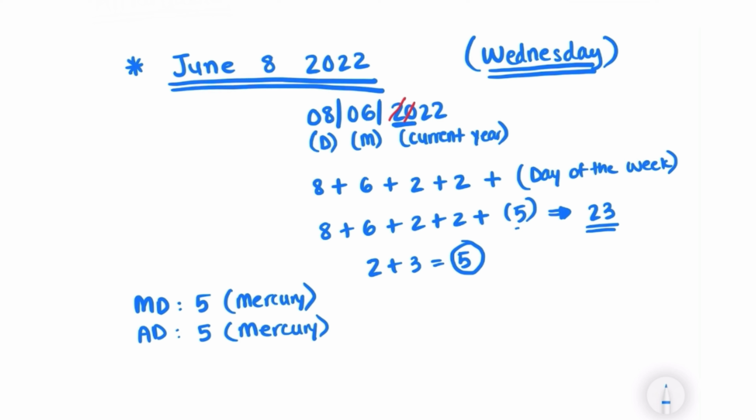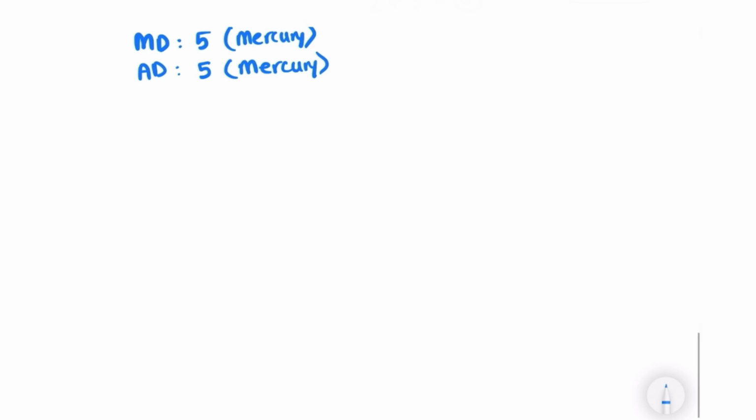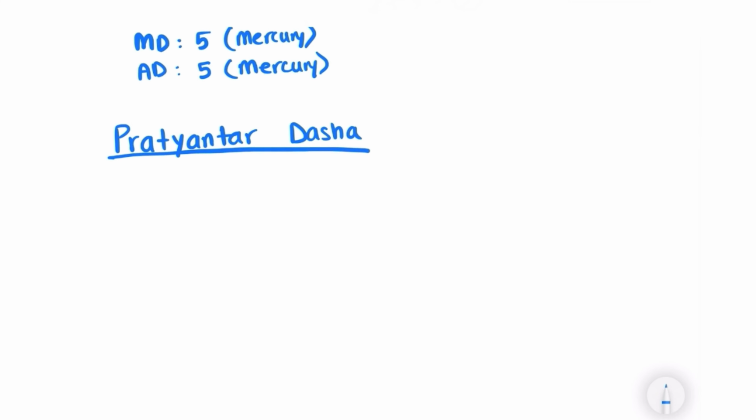Now we come to Pratyantardasha, right? So for Pratyantardasha, it also changes on every birthday, every year, every birthday, okay? And for Pratyantardasha, it is very important that you know the Antardasha.